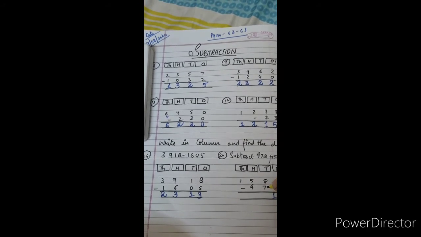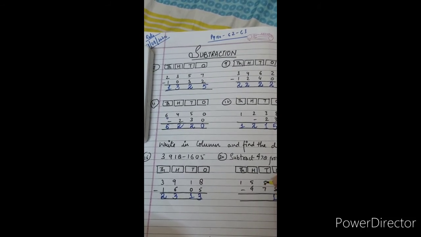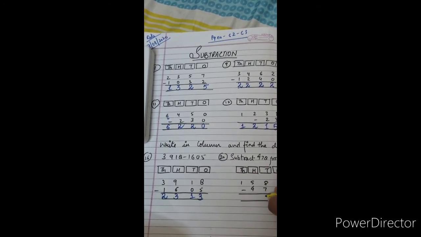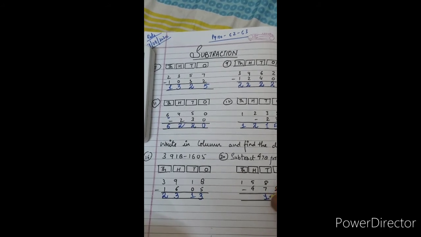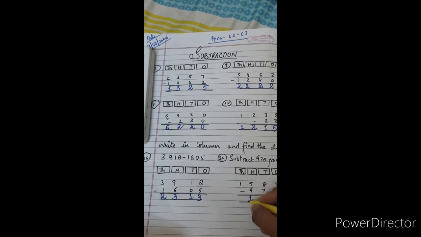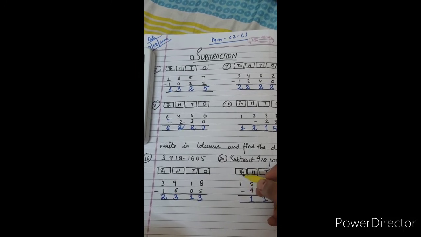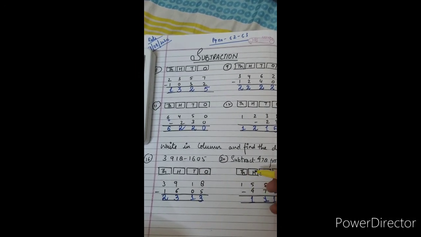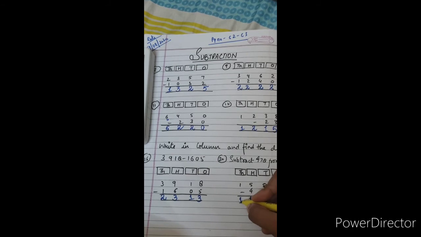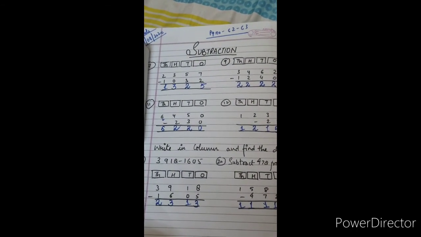Now subtracting tens from tens. So we want to subtract 7 from 8. So 8 minus 7 is 1. And we want to subtract 4 from 5. So 5 minus 4 is 1. And now in thousands, we want to subtract 0 from 1. So 1 minus 0 is 1. So the answer is 1111.